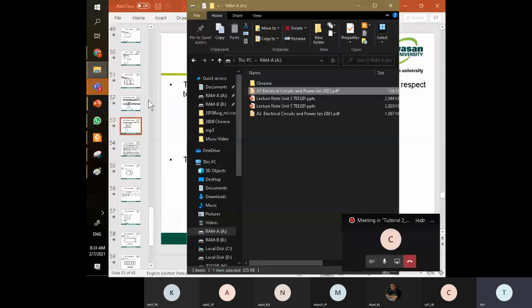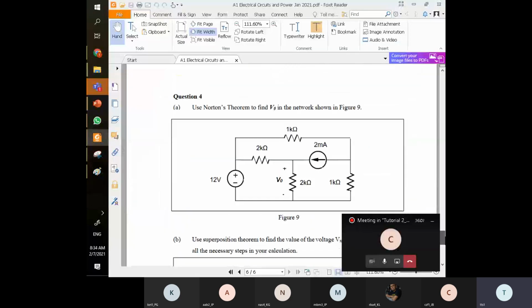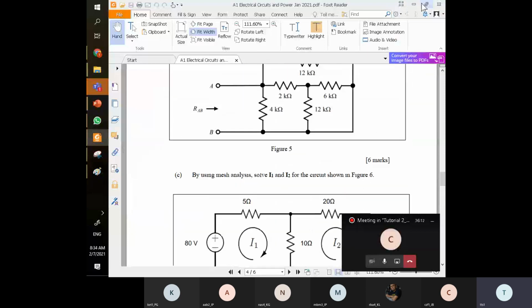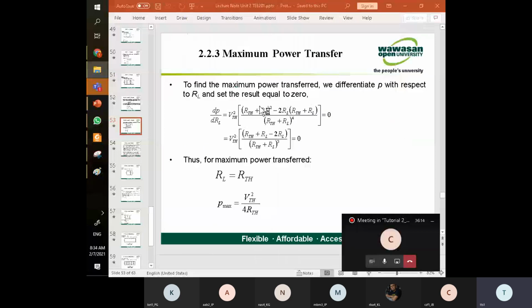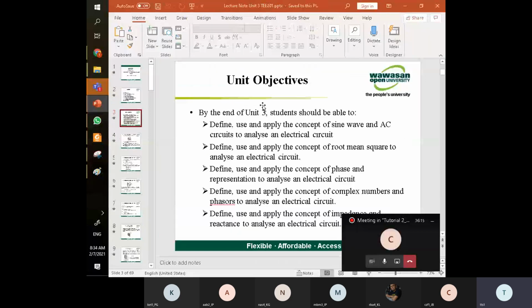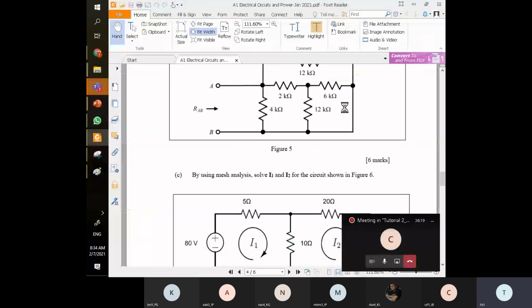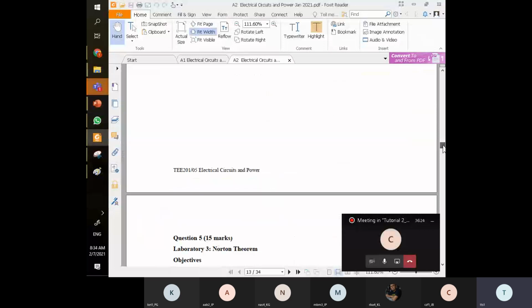I think this one is in your assignment also. Let me have a quick look. I think it is usually in the assignment also, but not this time. I think in assignment 2. Let me see, is it in your assignment 2? Because I remember usually they will have one question for this maximum power transfer.